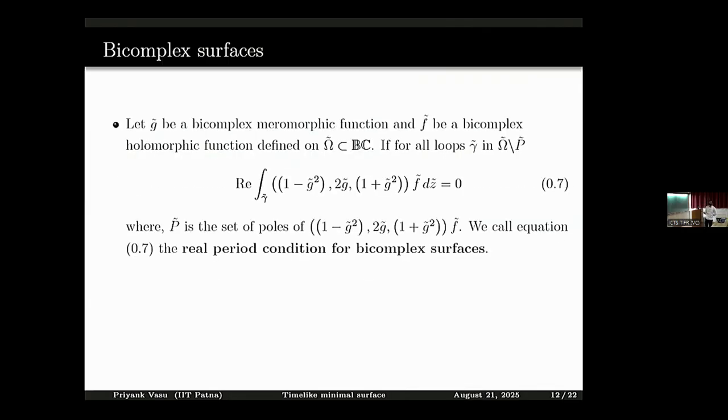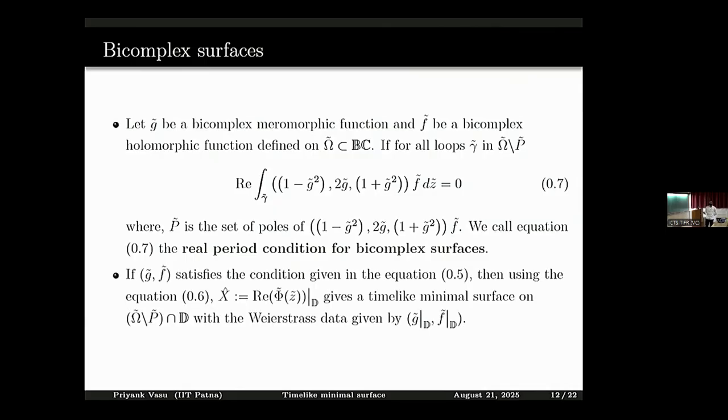Yeah. So we are ready to define the period condition or period problem in bicomplex surface. So any loop gamma tilde, which is defined in the bicomplex plane, if the real part of this integration is equal to 0, and where we have already removed the pole of bicomplex number p tilde, then we say this is the period condition for bicomplex surfaces.